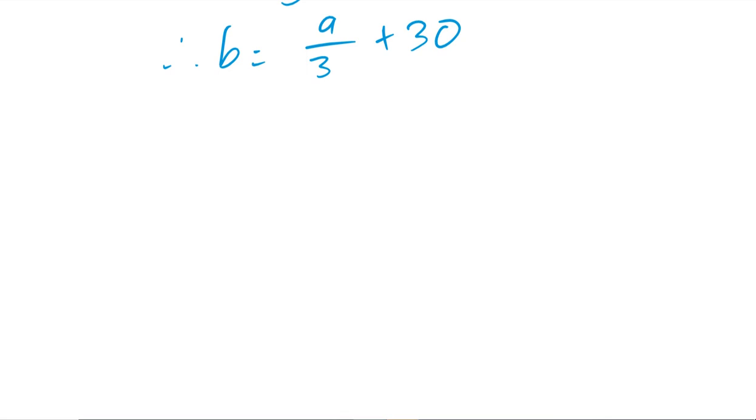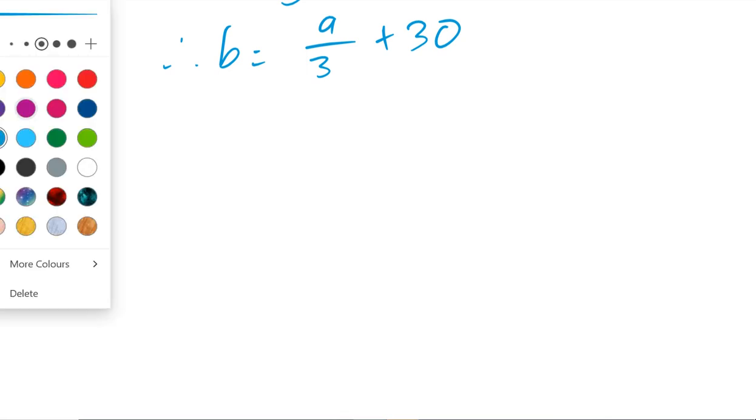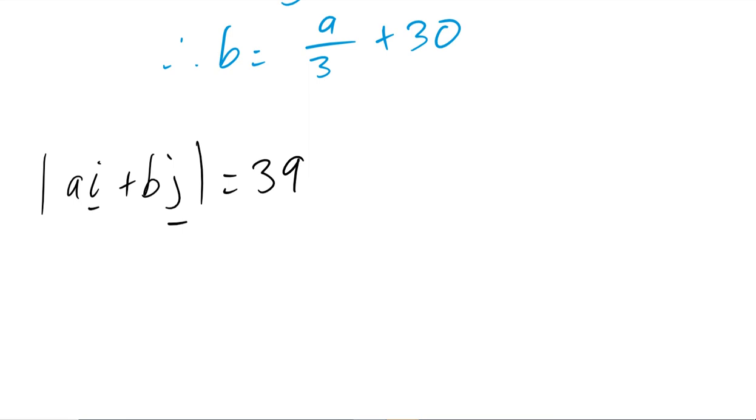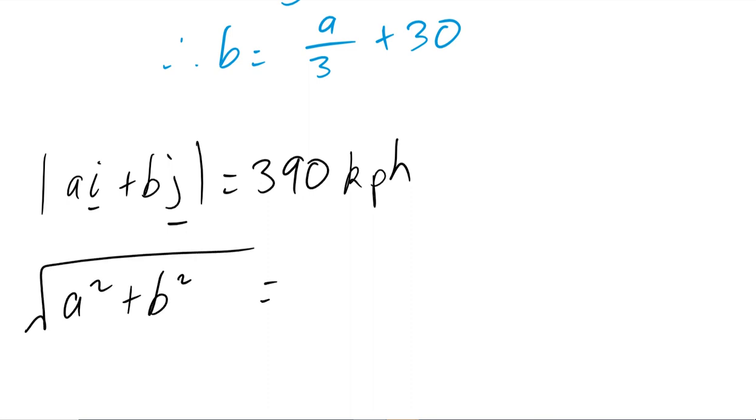So if we use that information, we can actually get some other equations for A and B. So the magnitude of AI plus BJ, which is the plane's velocity vector, is equal to 390 because the speed is 390 kilometers per hour. So that means that the square root of A squared plus B squared gives me 390.